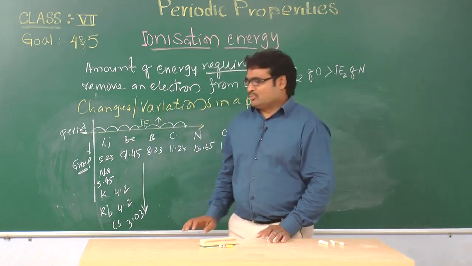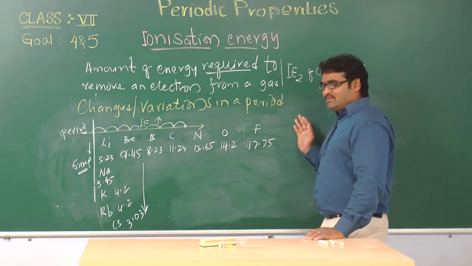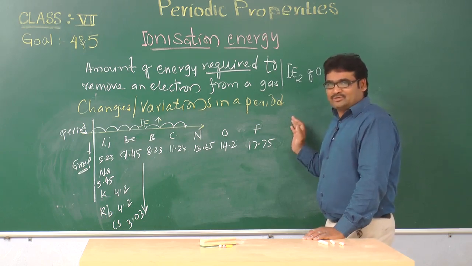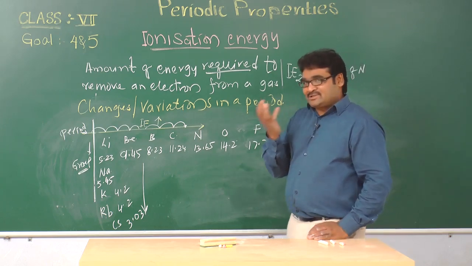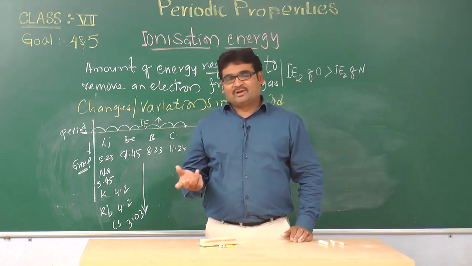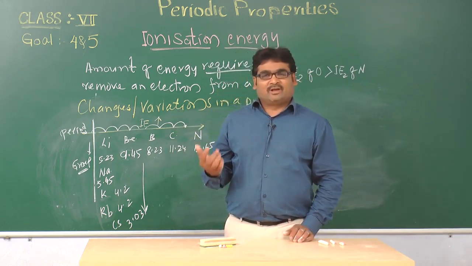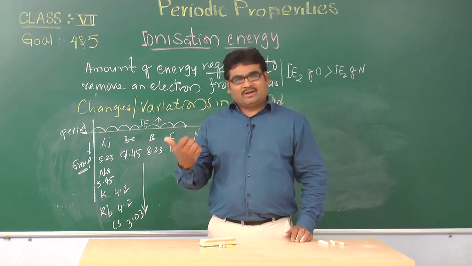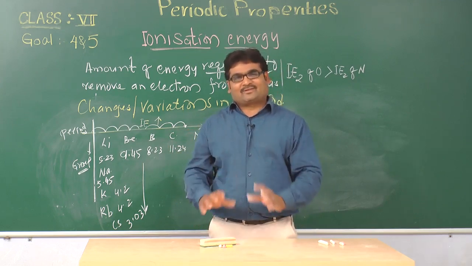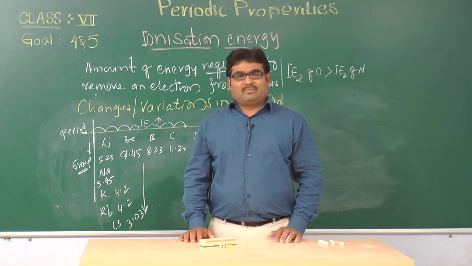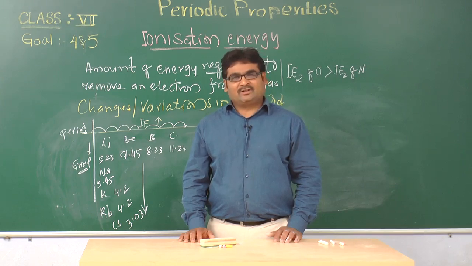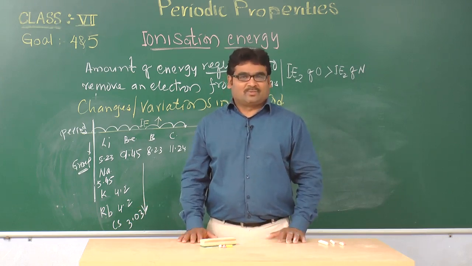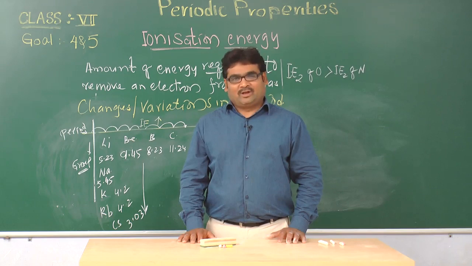For all these, the factors that we have listed before matter: atomic size, nuclear charge, penetration power, electronic configuration, and the net charge. All these factors play an important role in deciding the characteristic properties and the variations.